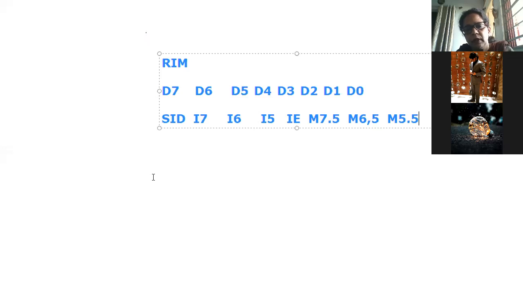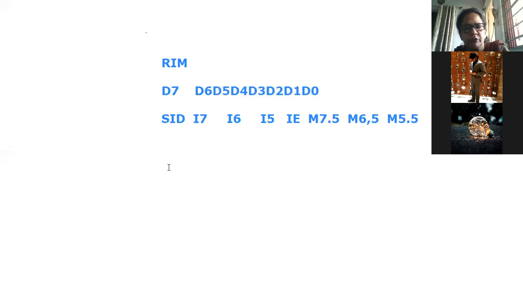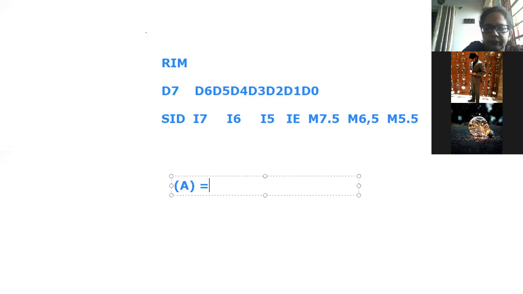For example, if I execute the RIM instruction and get the accumulator contents as, for example, EC.